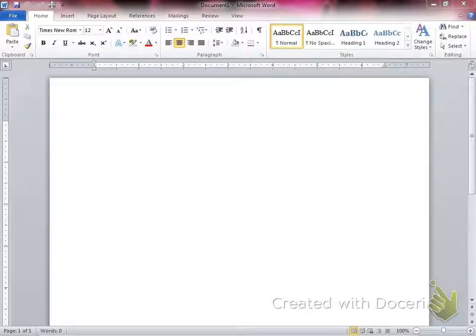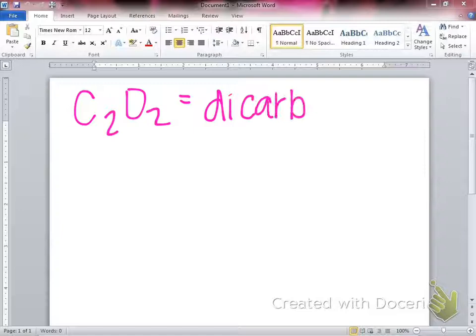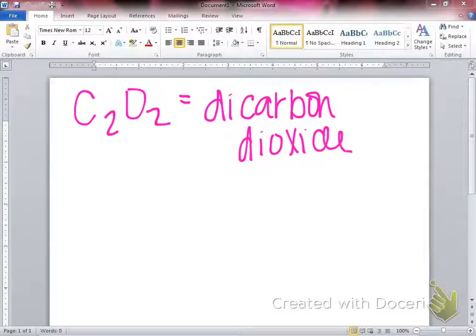You're going to name exactly what you see. These compounds do not get reduced. Okay, so if you see a compound that looks like this, C2O2, it does not get reduced to CO. Covalent compounds come exactly as they are. So if we were going to name this compound C2O2, I would call it dicarbon dioxide.